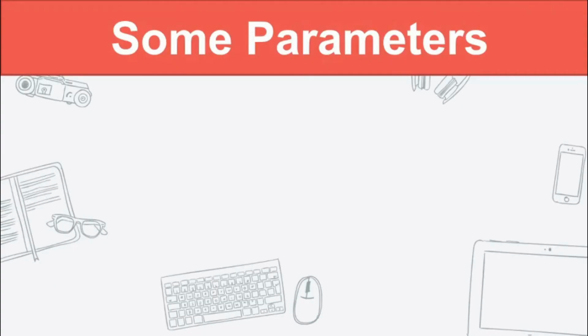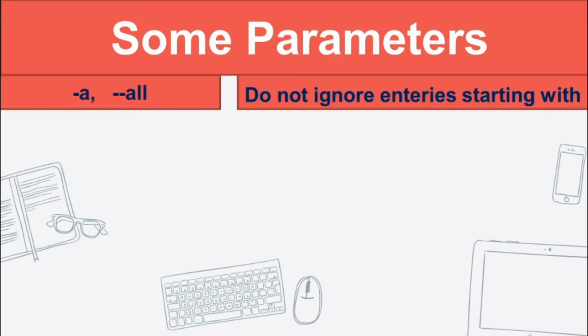Some parameters of the ls command: dash a and double dash all primarily list files and directories including hidden files and directories in Linux. Anything beginning with a dot is considered a hidden file.